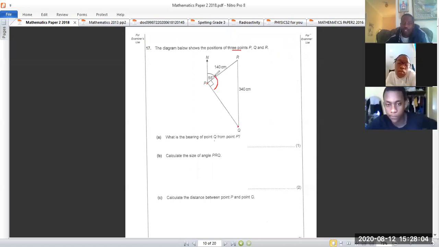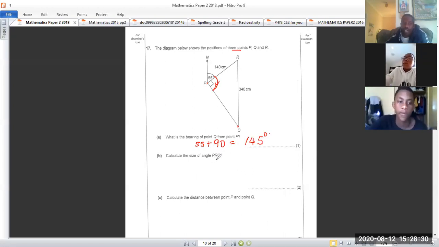They want the whole of this angle here. Q from P will be 55 plus 90. That's the bearing of Q from P, and that gives you 145 degrees.